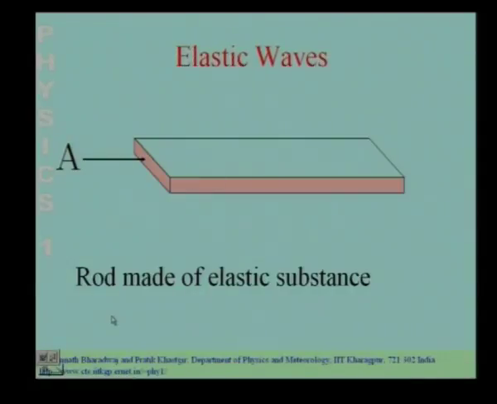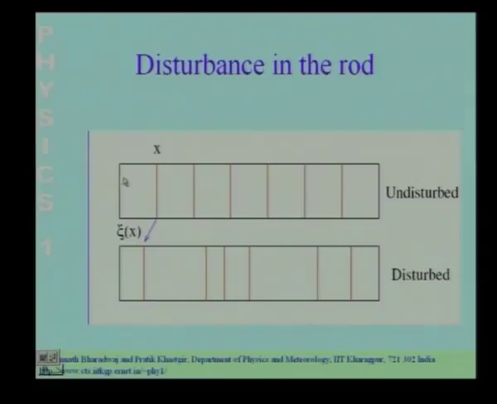This picture shows us these lines at equal x intervals drawn along the elastic rod when the rod is undisturbed. Now, when I introduce a disturbance in the rod, the disturbance compresses certain regions and it causes rarefaction in other regions. This shows you a particular disturbance.